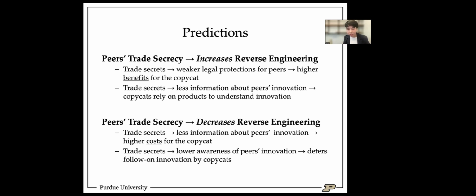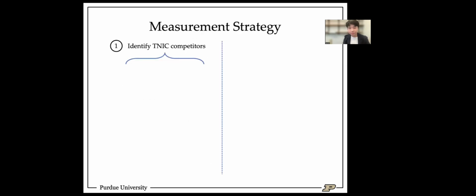It also implies that trade secrecy is associated with lower awareness of those peers' innovations, which means that it may deter follow-on innovation by copycats in the form of reverse engineering. So overall, these economic predictions suggest that this relationship between competitors' trade secrecy and reverse engineering is not ex ante obvious, and we're going to take this research question to the data.